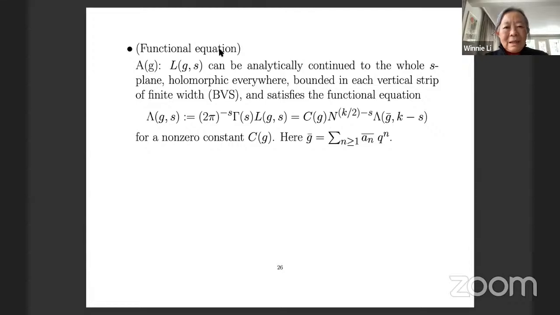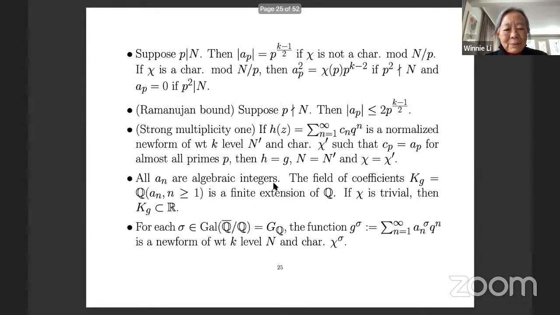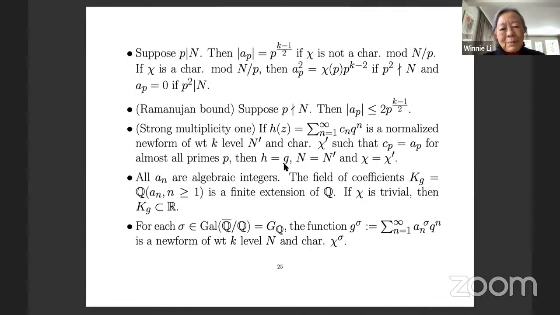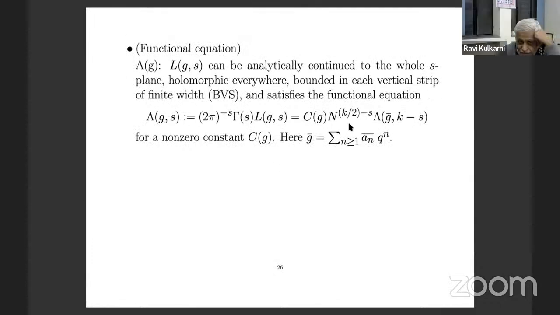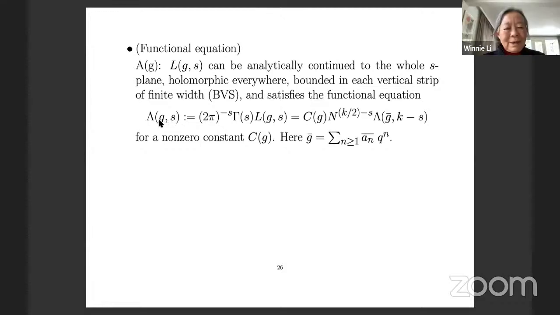I actually gave a proof of this strong multiplicity one theorem in my book. My proof uses this functional equation. I take the lambda for g and the lambda for h.